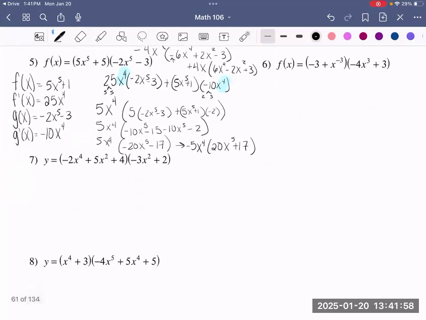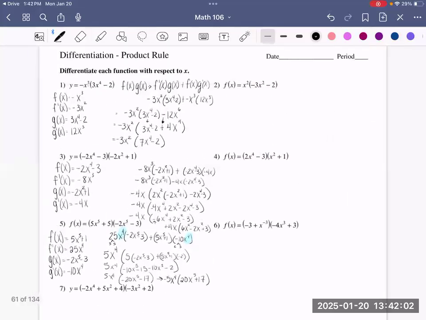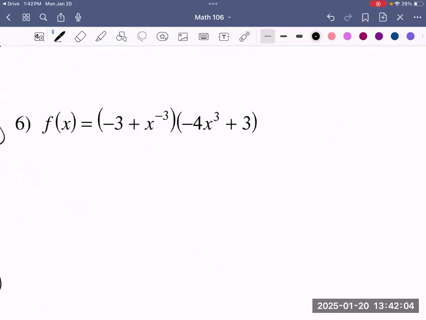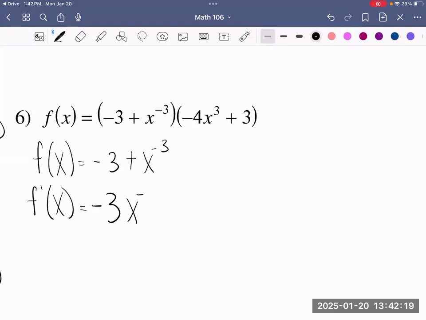Now let's see a more unique situation. Let's see number 6. So when we go to derive our first set, we have f prime of x is equal to negative 3x to the negative 4, because you bring down that negative 3 and then you subtract 1 to make a negative 4.